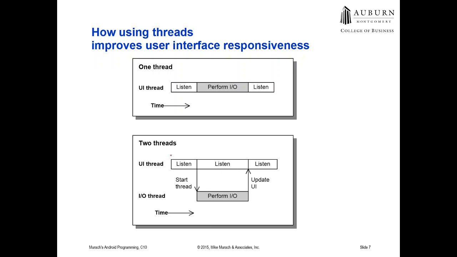Then, while the other thread runs in the background, your main thread will wait for users' input, and as long as the two threads are independent, your app won't look frozen. That's a really nice thing.